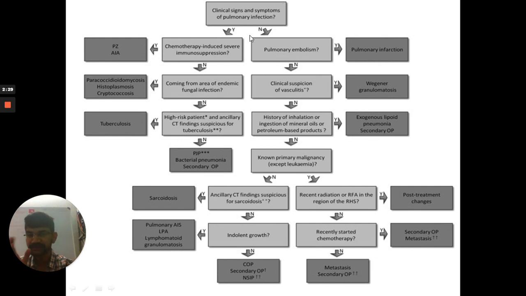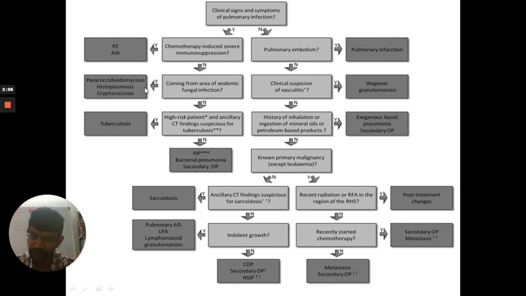First, when a patient has the clinical signs and symptoms of pulmonary infection like cough, hemoptysis, fever, it could be chemotherapy-induced severe immunosuppression. If yes, it could be pulmonary zygomycosis, also known as mucormycosis. If there is no chemotherapy-induced severe immunosuppression, it could be a fungal infection coming from an endemic area.